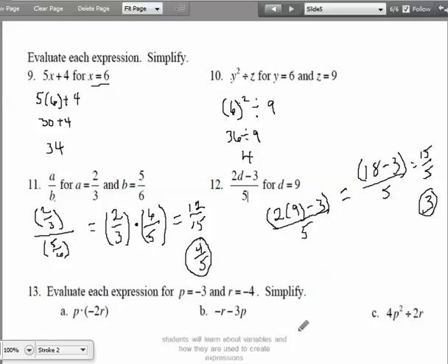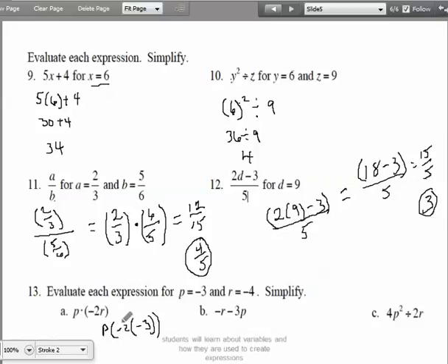Okay? So let's try just a couple more down here. We've got p times negative 2r. So that's going to be p times negative 2 parenthesis, and I'm going to use a negative 3 in there for r, and put my 2 sets of parentheses.